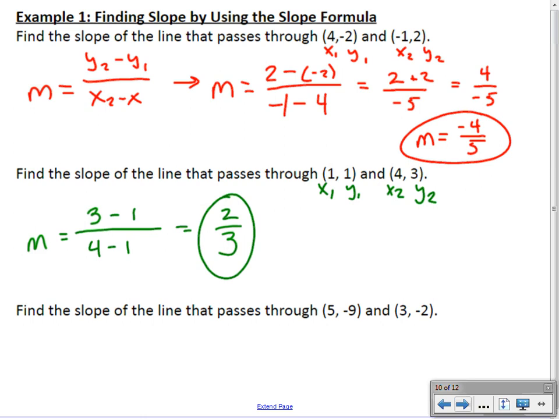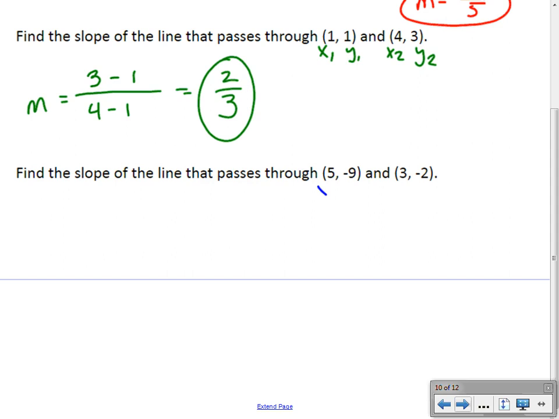And lastly down here, again, we'll start by labeling, substituting it into our formula. y2 minus y1 is negative 2 minus a negative 9. x2 minus x1 is 3 minus 5.